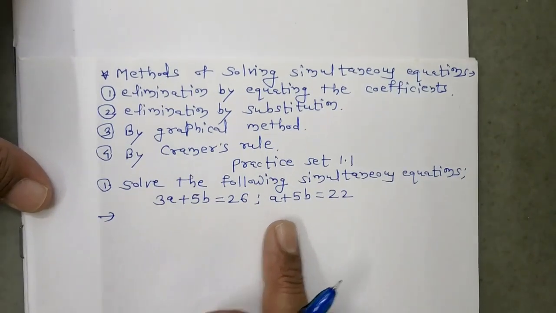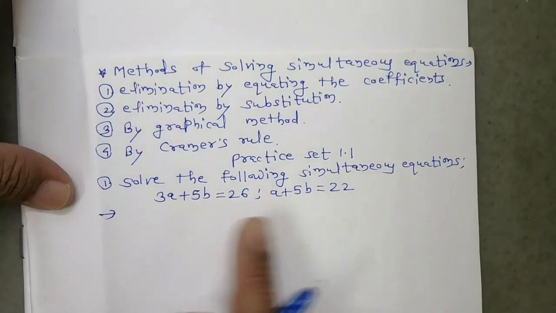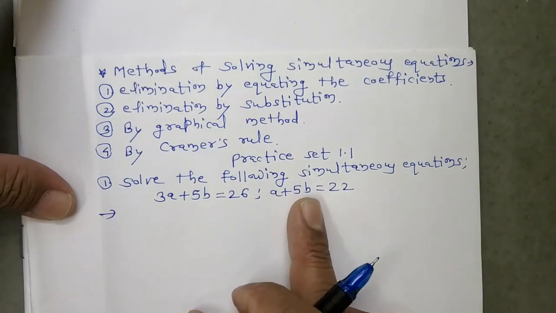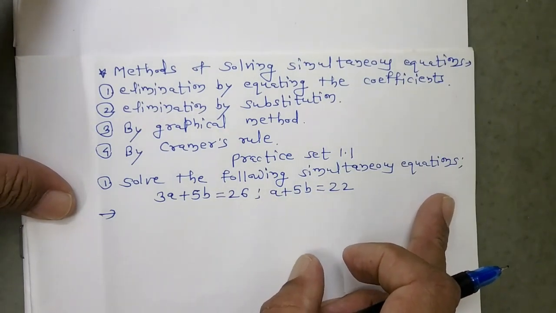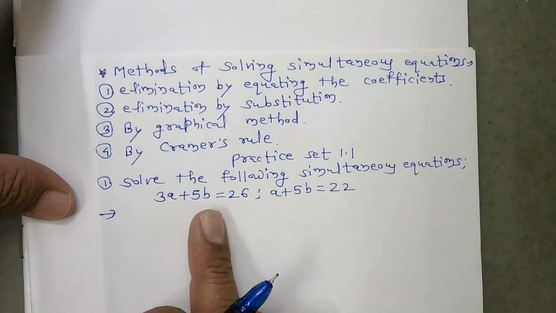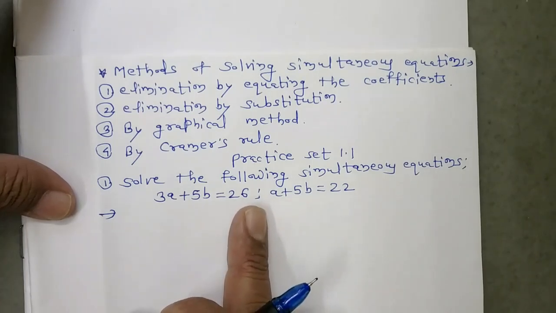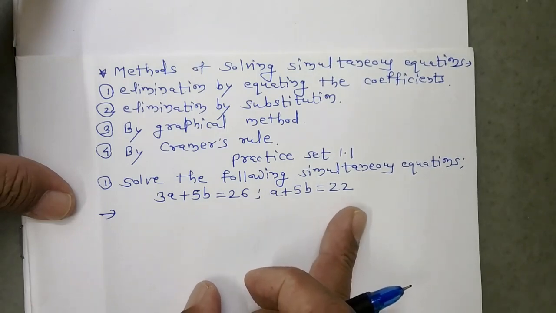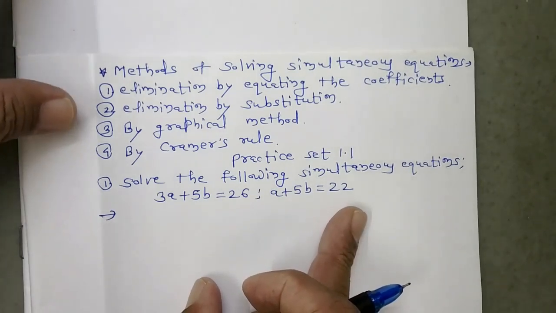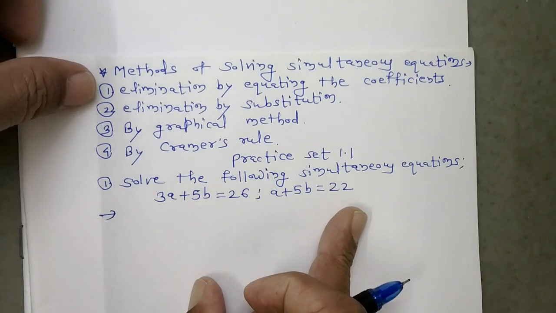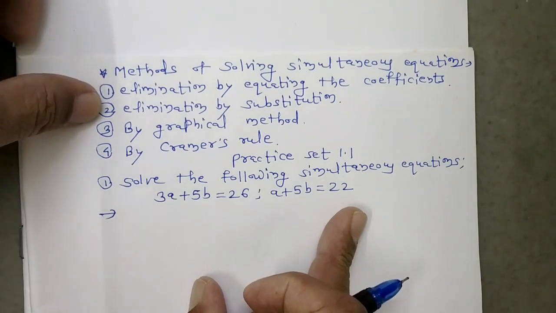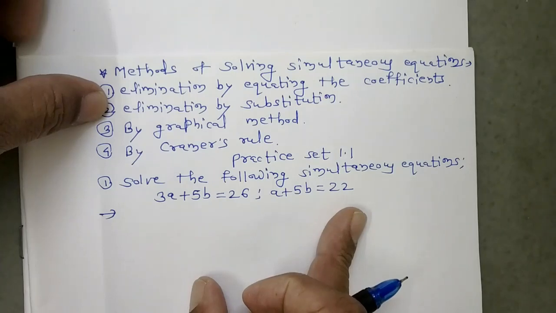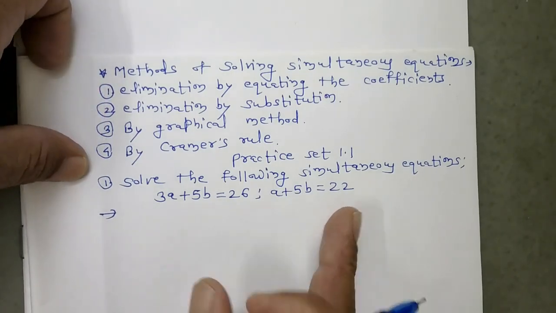Now, practice set 1.1. Example number 1. Solve the following simultaneous equations: 3a plus 5b is equal to 26, a plus 5b is equal to 22. Now in this practice set, we have to solve simultaneous equations by using the first two methods.